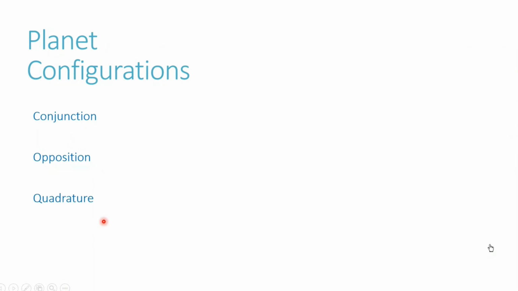They basically tell us about the position of a planet with respect to the sun. Let us now understand all these three configurations or all these three terms with the help of a diagram.